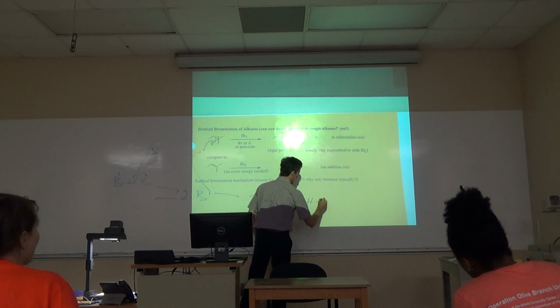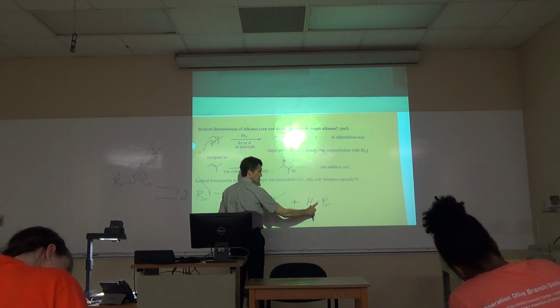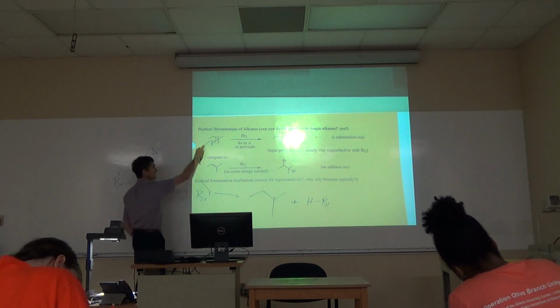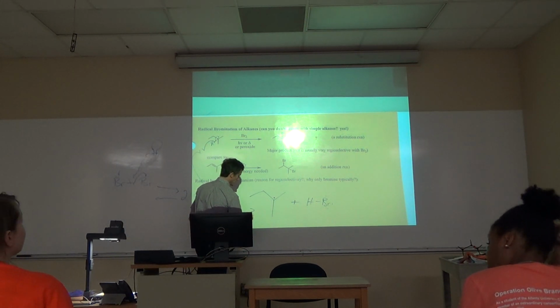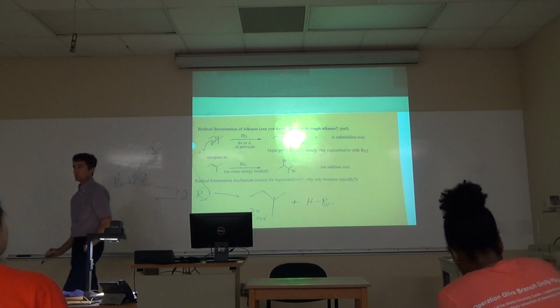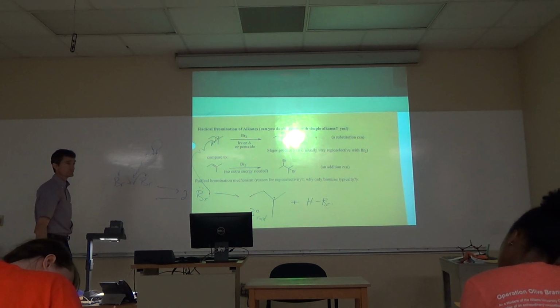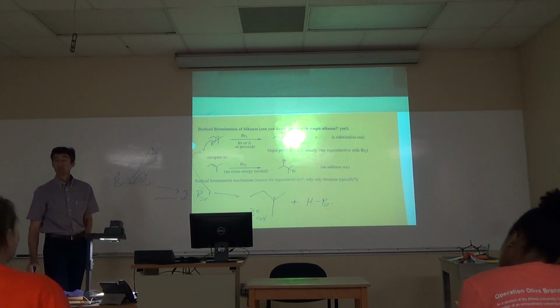Plus HBr, right? That is 1 electron from bromine and 1 electron from H to make the covalent bond. That's what we did here. What did we produce? We made a tertiary radical on carbon. There's our HBr, which we said we were going to form.